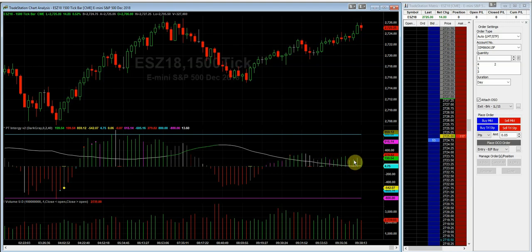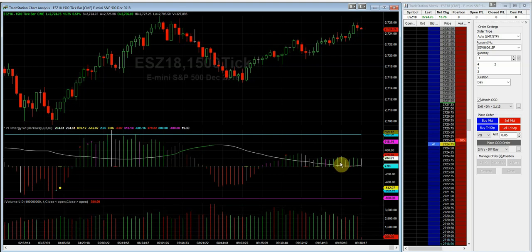So if we were going to take a short, we wouldn't step in front of this, and yet it doesn't have a configuration really of strength in demand. So if we did go with it, we wouldn't probably stay in it for a long duration.